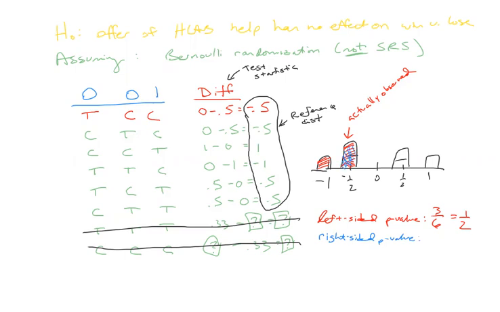So we always count that one. It's at least as extreme. Well, a half is bigger than -0.5 and 1 is bigger than -0.5. So I see 1, 2, 3, 4, 5 of the 6 cases where the difference in means would be at least as large as the one I actually observed if the null is true. Okay, so the right-sided p-value here is 5/6.